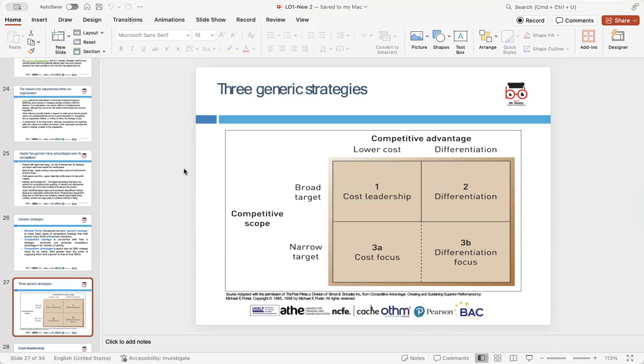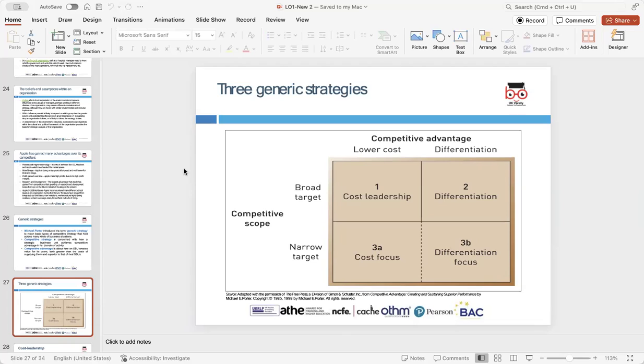It involves offering products or services at a lower cost compared to competitors, appealing to a broad target market. Differentiation focuses on offering unique products or services that provide added value to customers. Differentiation allows a company to command a premium price and caters to a broad market.